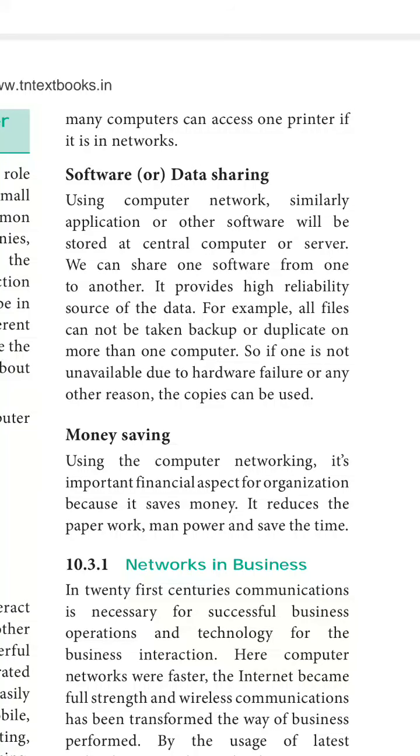It provides a highly reliable source of data. For example, files can be backed up or duplicated on more than one computer, so if one is not available due to hardware failure or any other reason, the copy can be used.